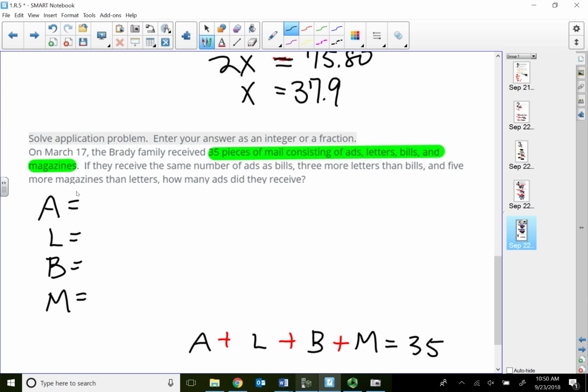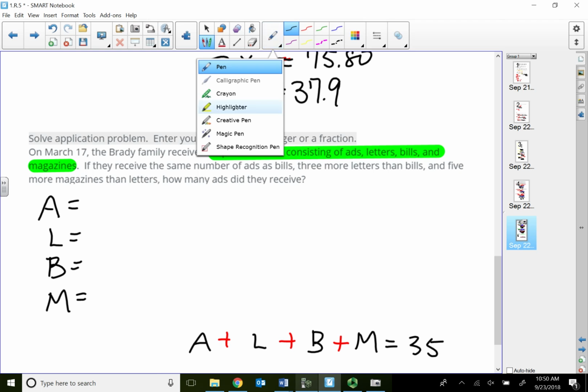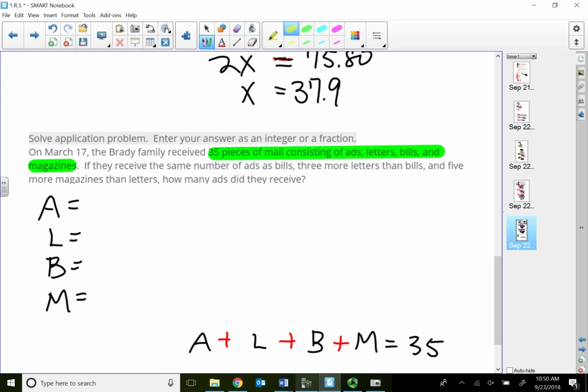If you hold up four fingers, you know there are four fingers because you have three different spaces between them. So to translate for four items, you're looking for three different phrases, just like the three different spaces. Let's go. If they receive the same number of ads as bills, that's the first one: same number of ads and bills.